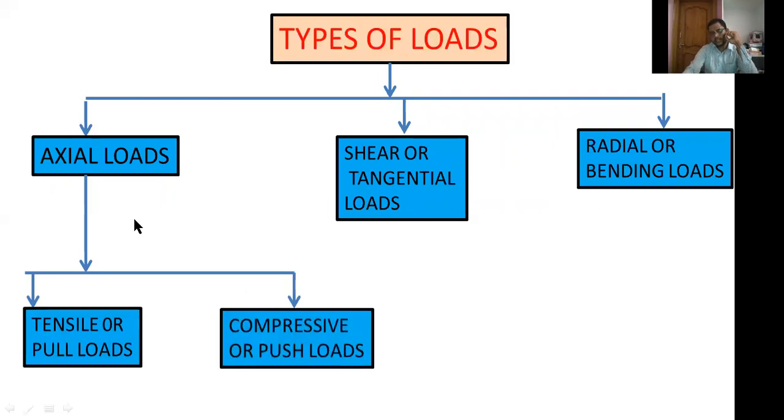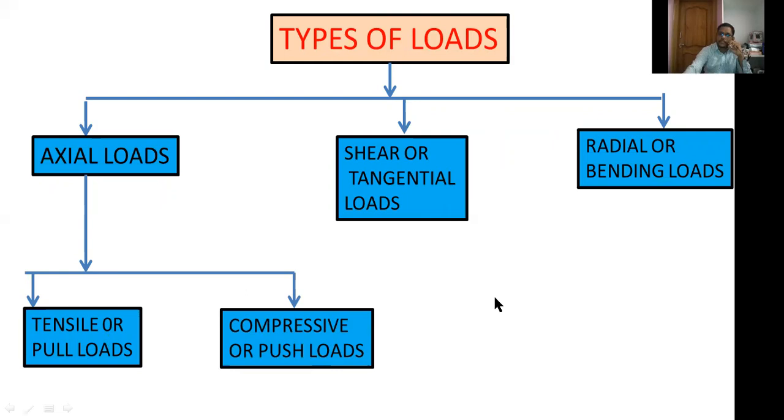There are totally 4 types of loads: tensile or pull loads, compressive or push loads, shear or tangential loads, and radial or bending loads. These 4 are the different types of loads acting on components.